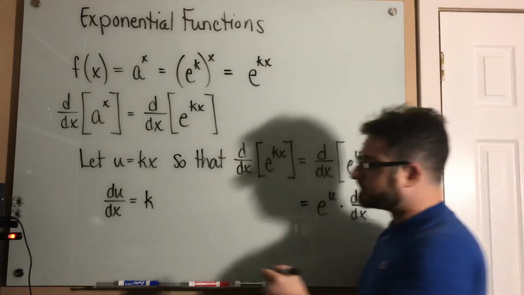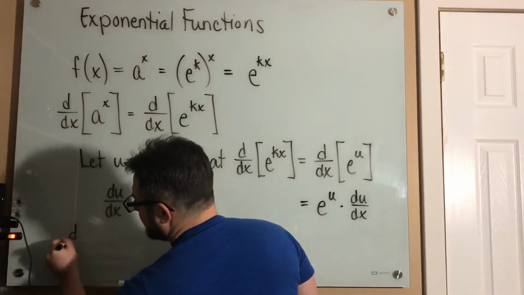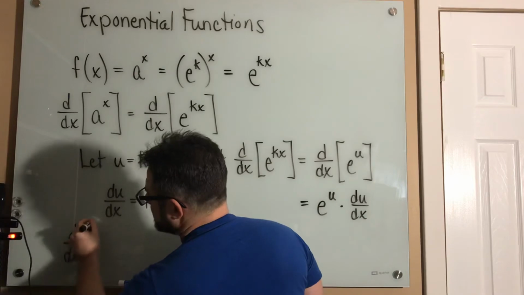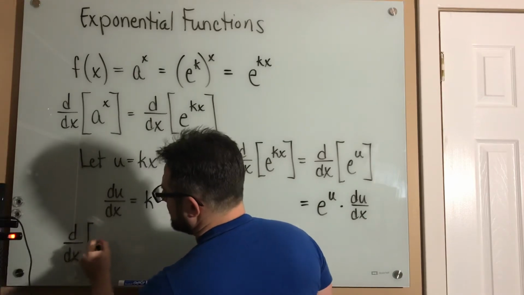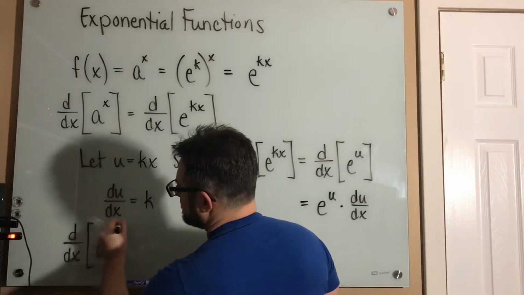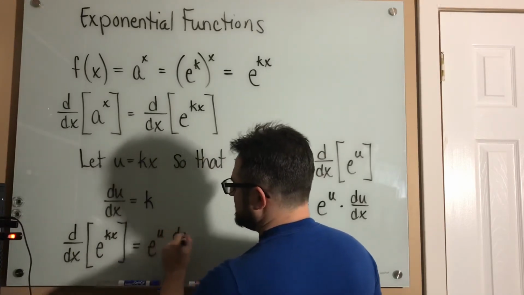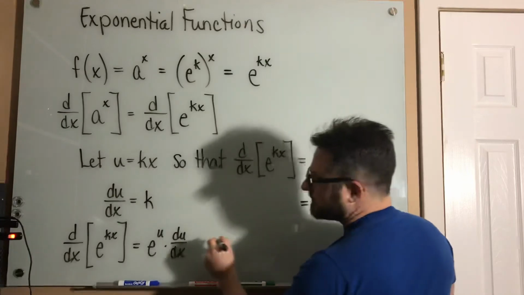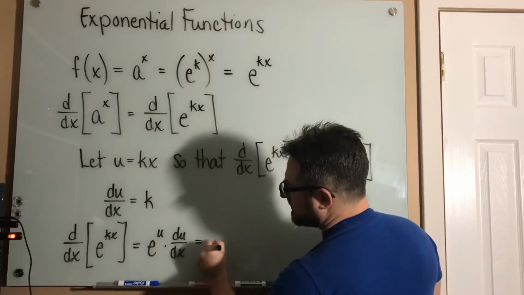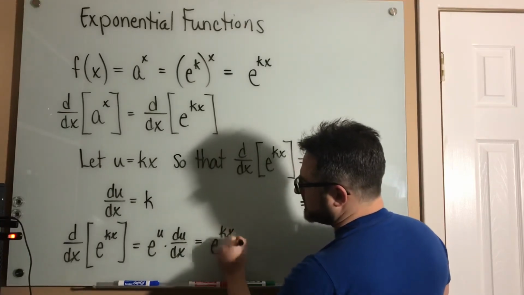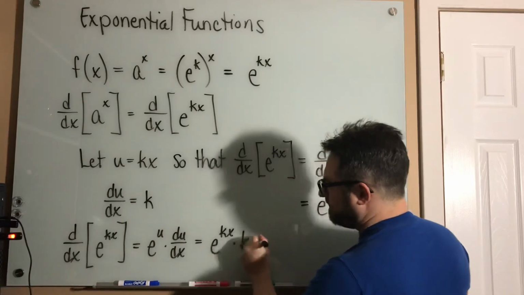So, we have the derivative with respect to x of e to the kx is equal to e to the u times du dx. We're going to rewrite it in terms of the original variable.